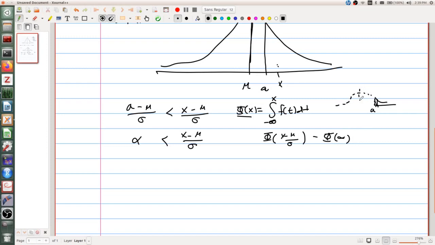This is like the ghost part of the distribution, and this is the part that we want or are interested in. So you need to subtract the two and then divide by only the region that we're considering, 1 minus phi of alpha.